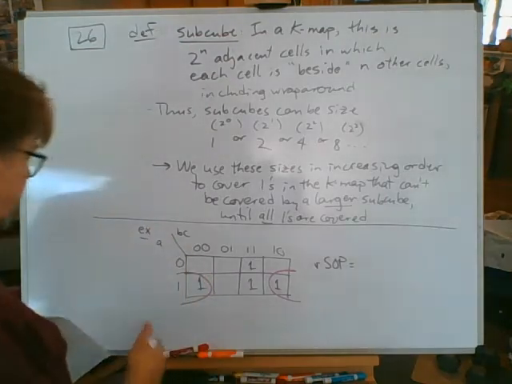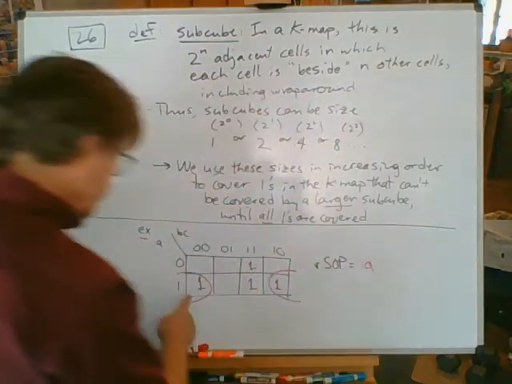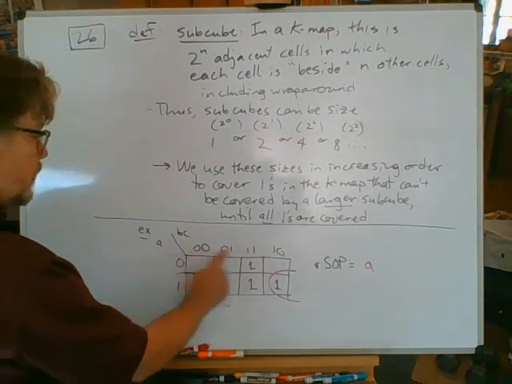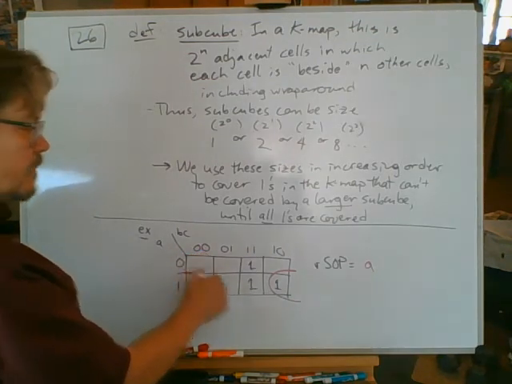What do they have in common? Well, they've got an A in common. What else? What do these 2 1s have in common? They don't have a B in common. Look at this, B is going from 0 to 1, flipping back and forth. They have a not C in common.